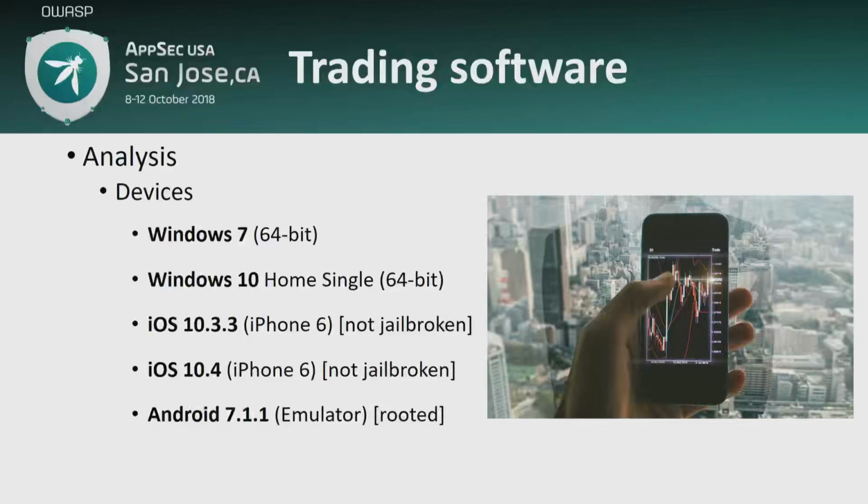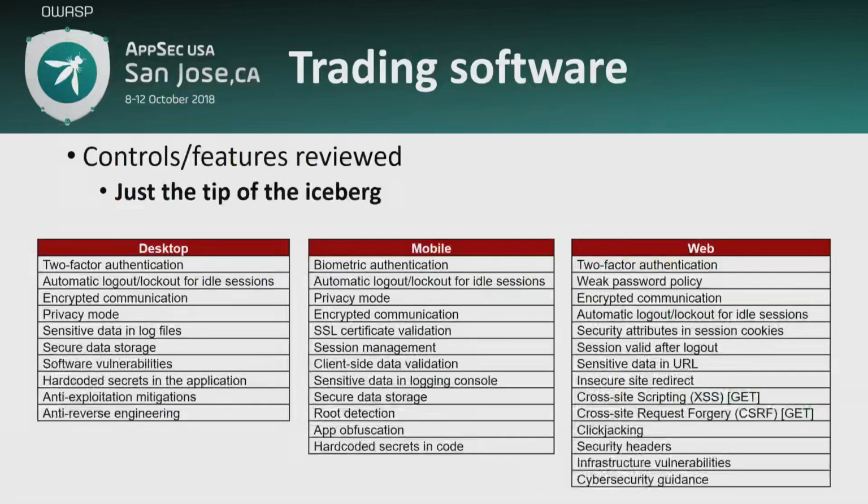Okay, so what I used for this testing: Windows 7, Windows 10, an iPhone 6, and the Android emulator. And what did I review in all of them? I reviewed only the tip of the iceberg. These are the security controls for different platforms. And as you can see, this is a very basic checklist, right?